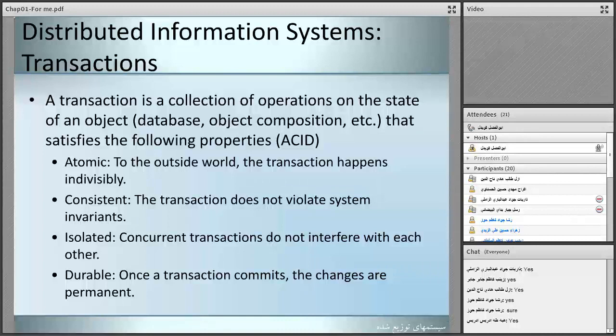And isolated means when we have some concurrent transactions, some transactions to modify a database, they want to access the database at the same time, simultaneously, concurrent. So we can serialize these transactions. It means we can create a queue for these transactions.